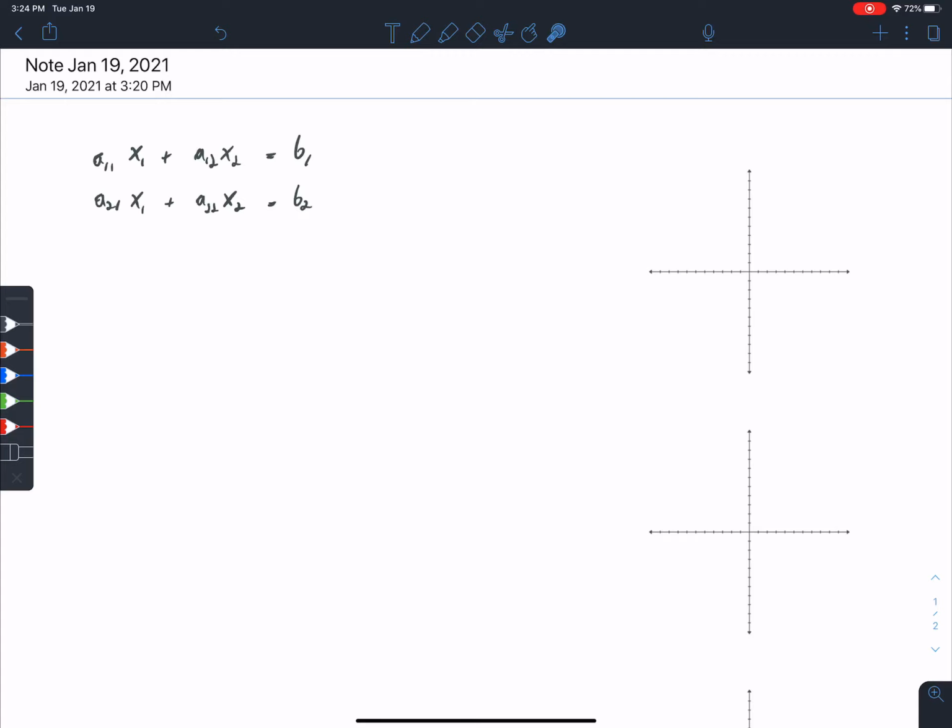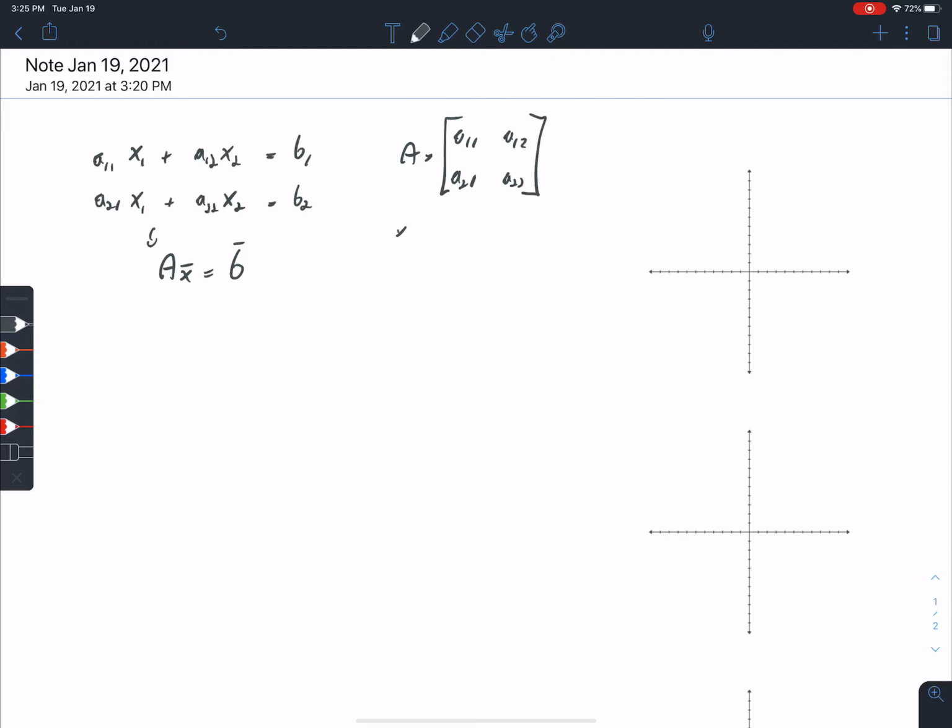Right, so of course we have learned how to think about this linear system as a matrix A applied to a vector x equals another vector b. Where again the definitions are that A will be our matrix of a11, a21, a12, a22.